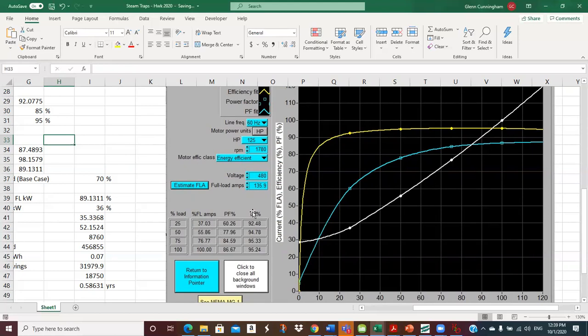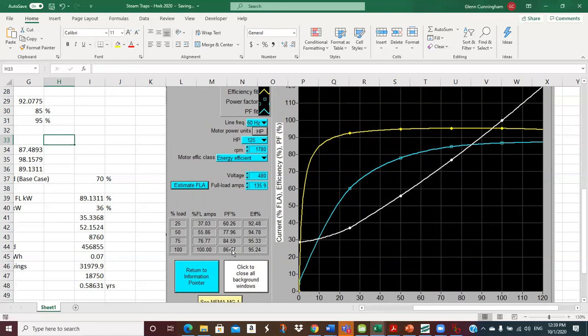So if you look over here at efficiency, at 100% load, it's 95.24. At 75%, it's 95.33. I just said, shoot, for me, it's 95. That's plenty good enough, because I know that's a good number for efficiency. Then you look at power factor.